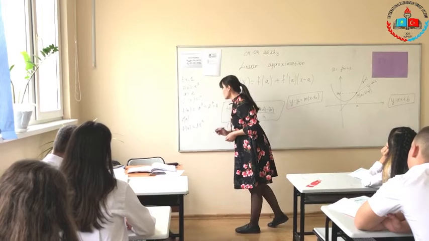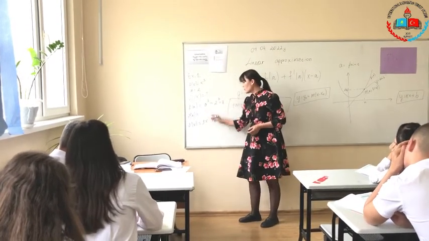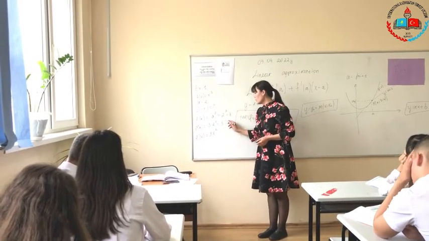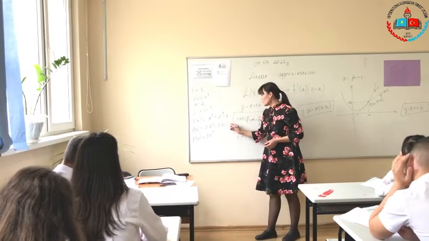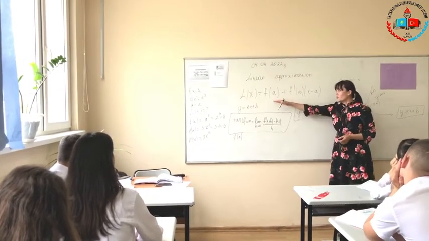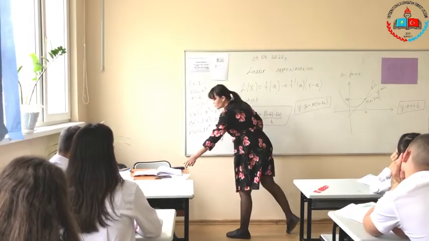So after finding the derivative, we will put instead of x again 2. So it will be 3 multiplied by 4, and that is 12. So all necessary parts of the linear approximation we have, right? Then let's write the formula.